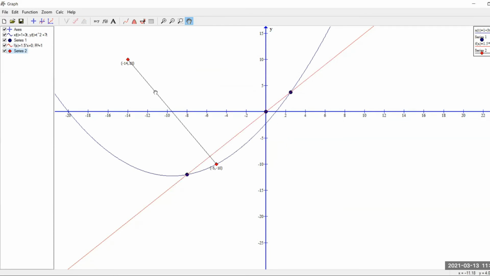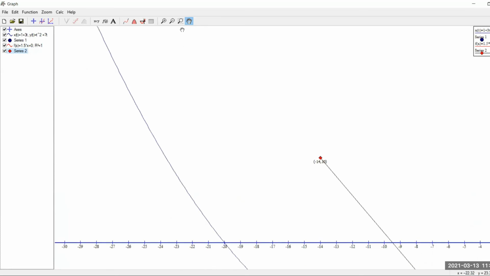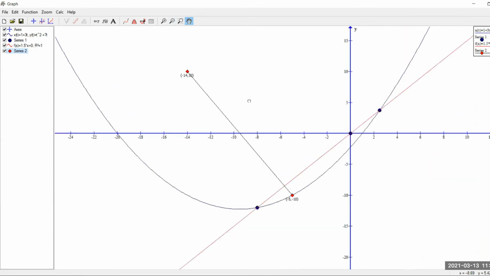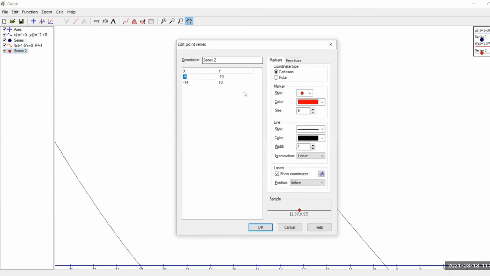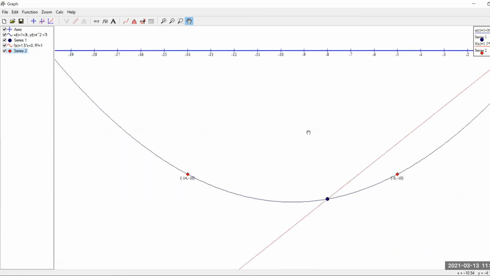Oh, I didn't want the line. It gave us a line connecting P and Q. That doesn't matter. And this is still incorrect, so let's fix this up a little bit. Y was the point -10, and we don't want any line. Here are the 2 points then. This is the point P, and this is the point Q.